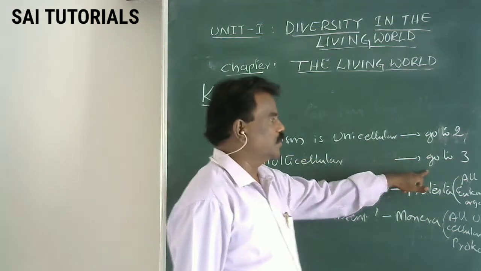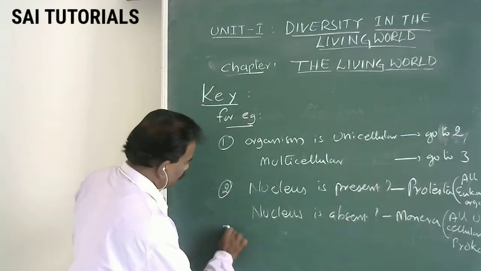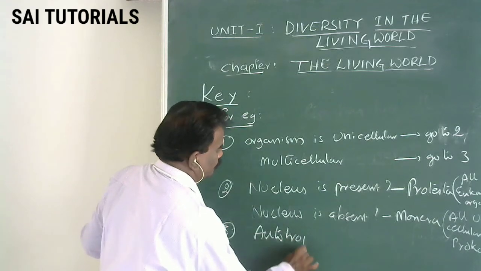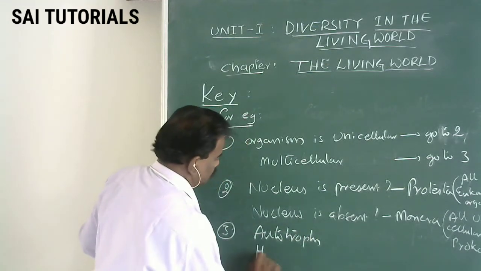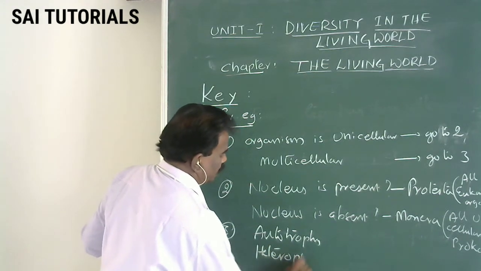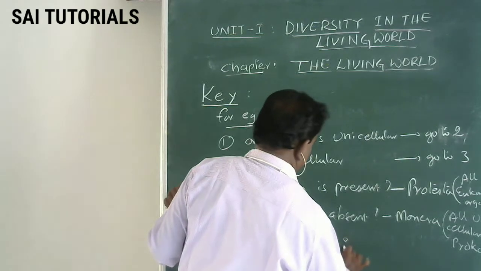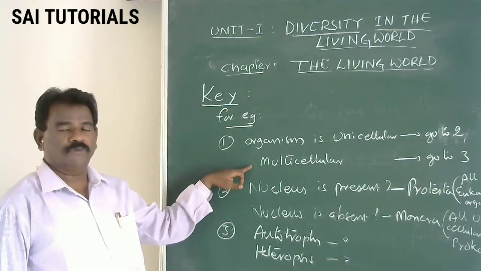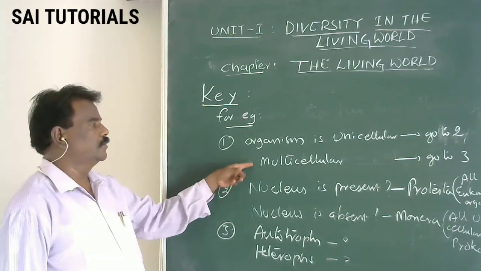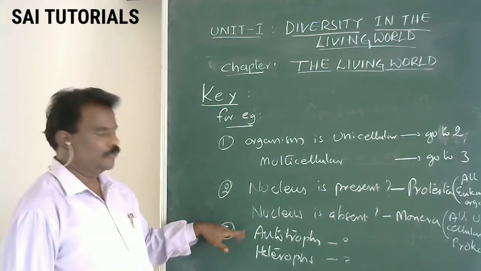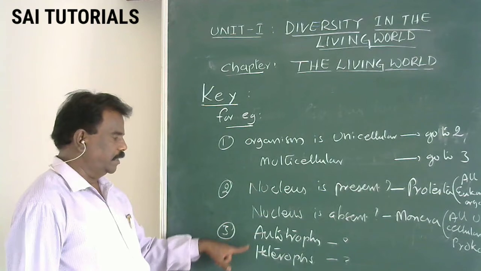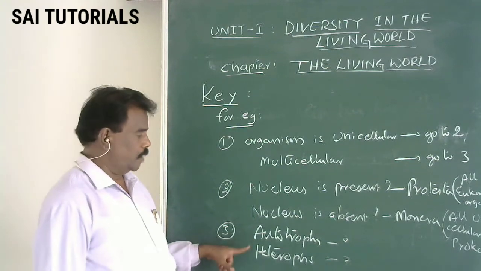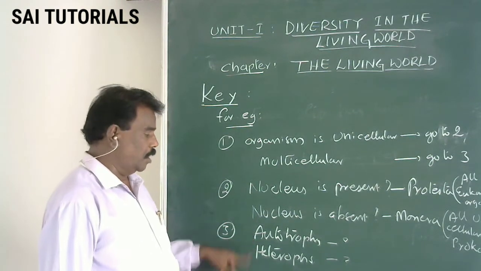And suppose the organism is multicellular, we go to the third couplet. What is the third couplet? Autotrophs or heterotrophs. If you have identified an organism as multicellular, you go to the third couplet, which has two statements: whether that organism is an autotroph or a heterotroph.